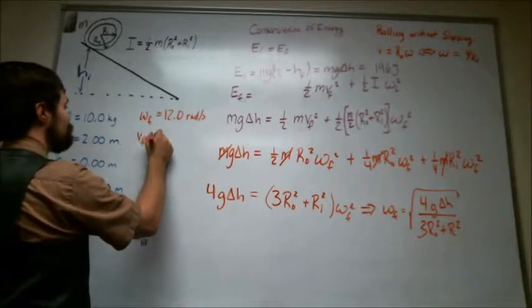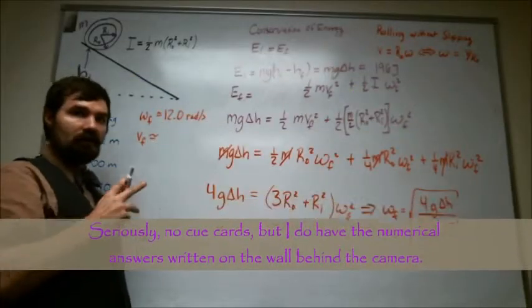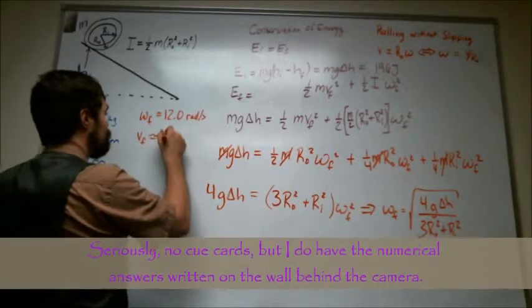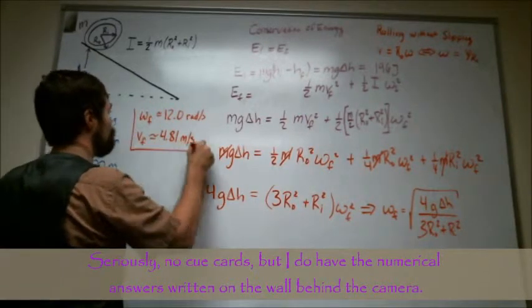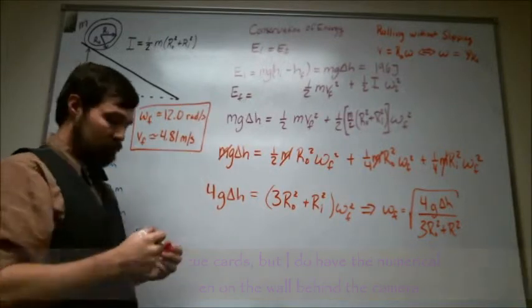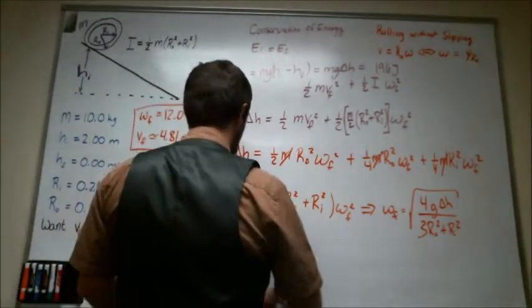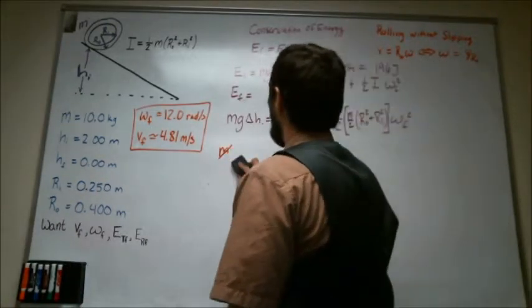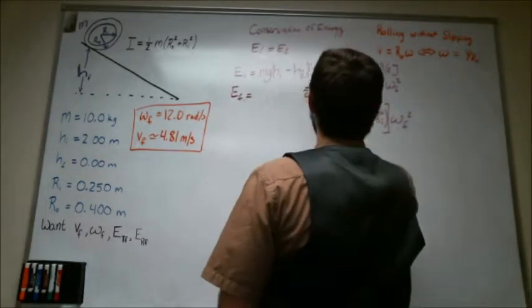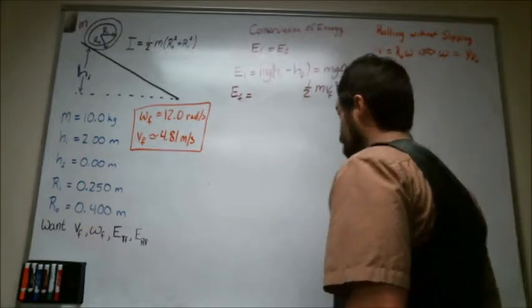So the final speed is 4.81 meters per second. So now we've got those two final speeds. We can go ahead and erase this because now we've got to calculate our final energies, rotational and translational.